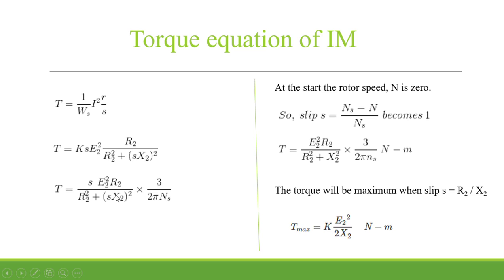So this is some reasonable quantity and it will be much greater than the square of R2. So this time we can neglect the square of R2. In the denominator we will be getting S square into X2 square. This S square can be cancelled by one S, so in the denominator we will be left with a single S. So the torque will be inversely proportional to S.